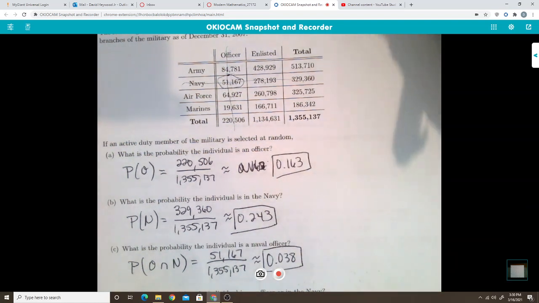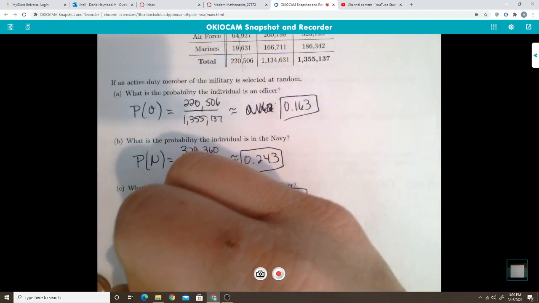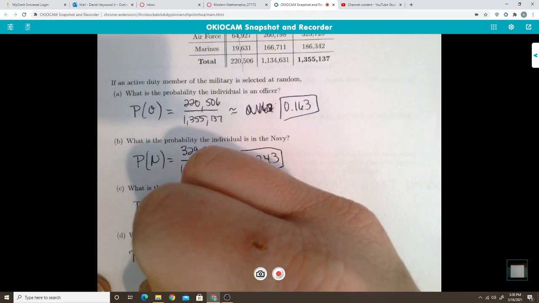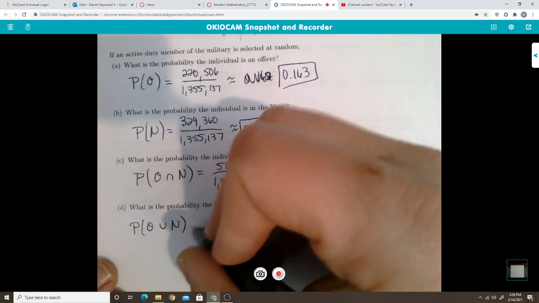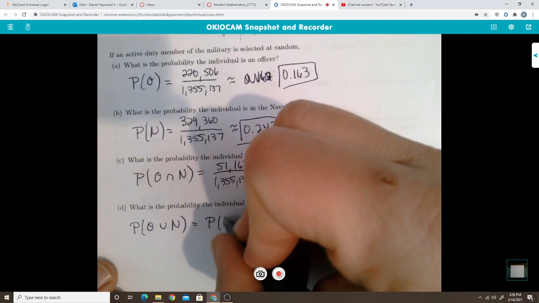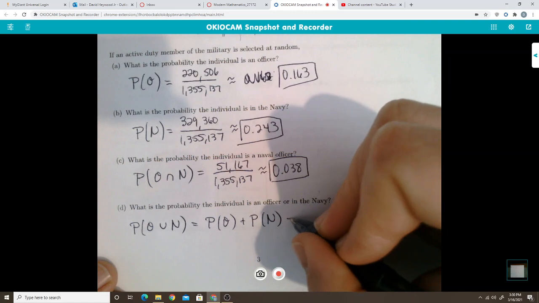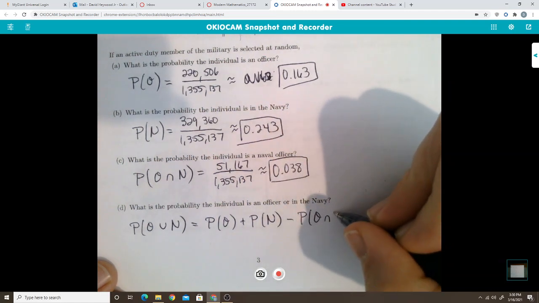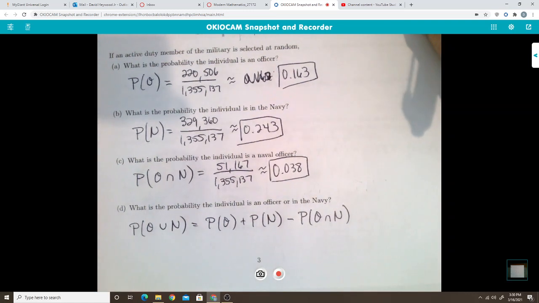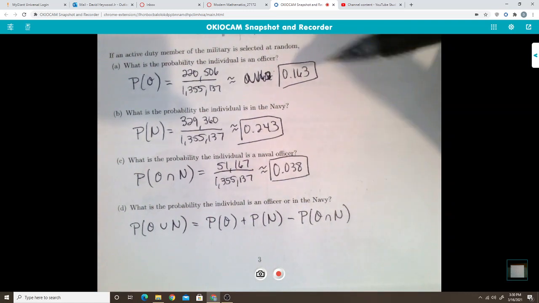Okay. And then finally, what's the probability the individual is an officer or in the Navy? Officer or in the Navy. Well, that's the probability the individual is an officer plus the probability the individual is in the Navy minus the probability the individual is an officer and in the Navy. And wouldn't you know it, those just so happen to be the things that we calculated above.